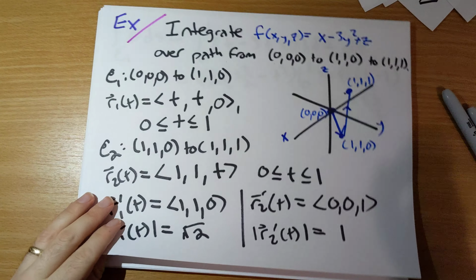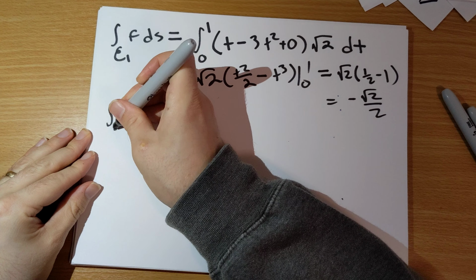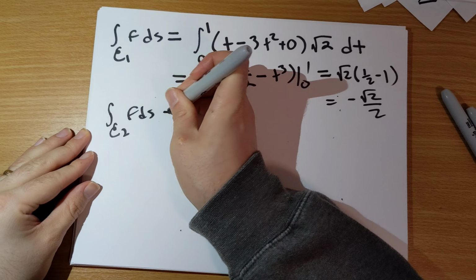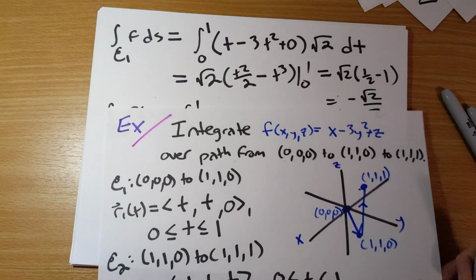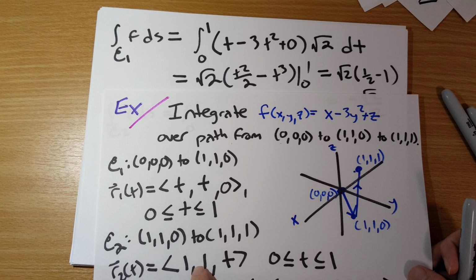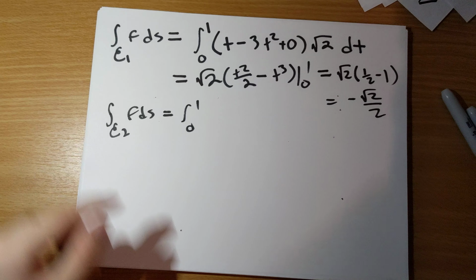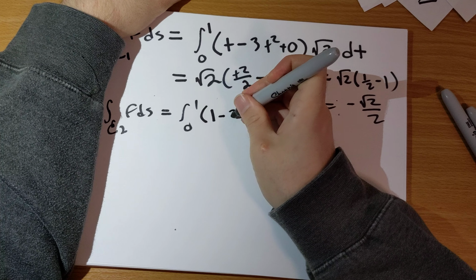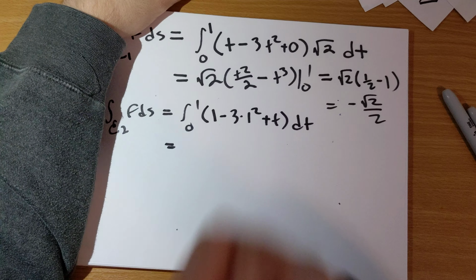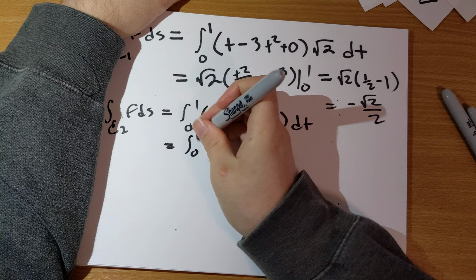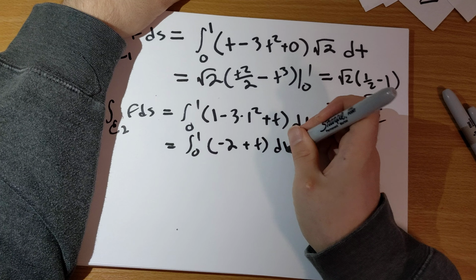Okay, now we need to do this over C2. The integral over C2 of f ds, t runs from 0 to 1. x is 1, y is 1, z is t. So 1 minus 3 times 1 squared plus t dt. And so this is the integral from 0 to 1 of negative 2 plus t dt.